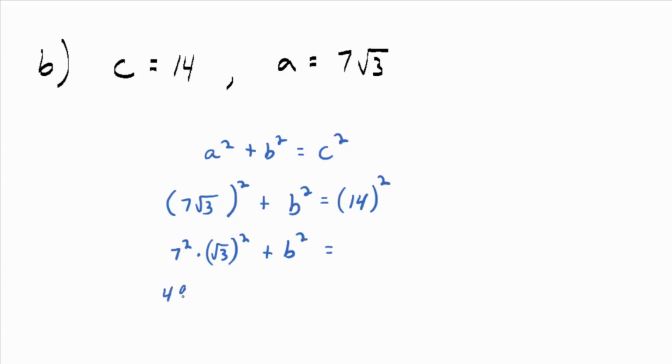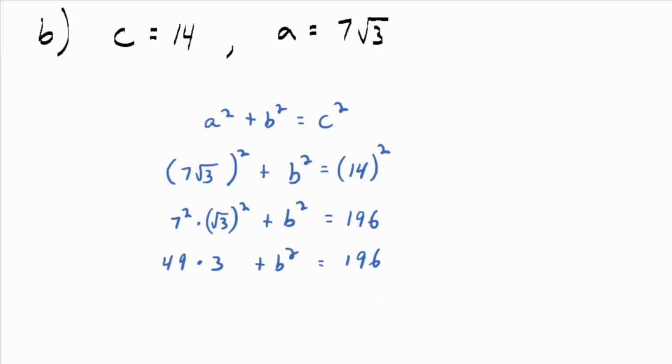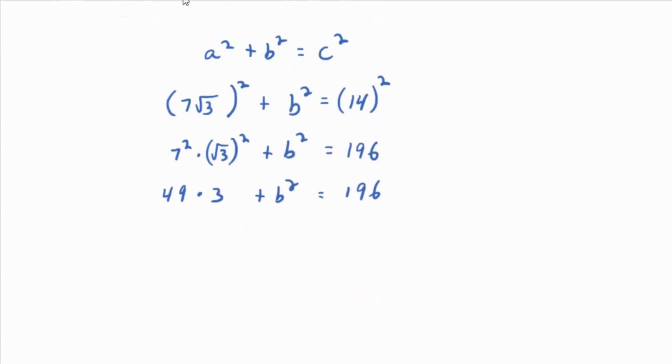So 49 times 3, right? Okay, then you have the plus B squared equals 14 squared. What's 14 squared? Is that 196? Yeah. So then you get, just copying stuff down, 49 times 3 plus B squared equals 196. What's 49 times 3? Okay, so 147 plus B squared is equal to 196.